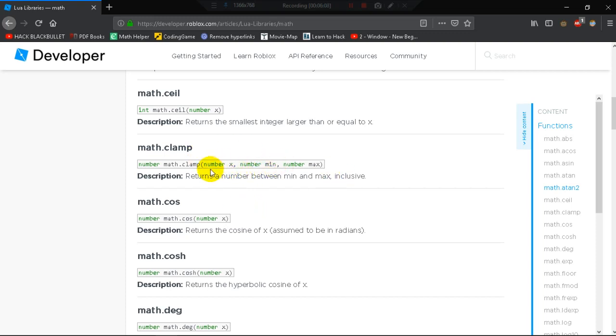The first one is the number that we want to operate on, the second number is the minimum value, and the third number is the maximum value. What this function does is limit the x value, or parameter 1, between the minimum that we give it in parameter 2 and the maximum that we give it in parameter 3.